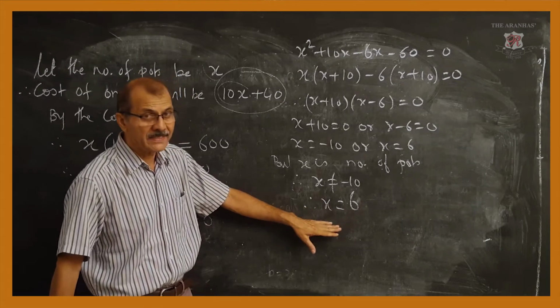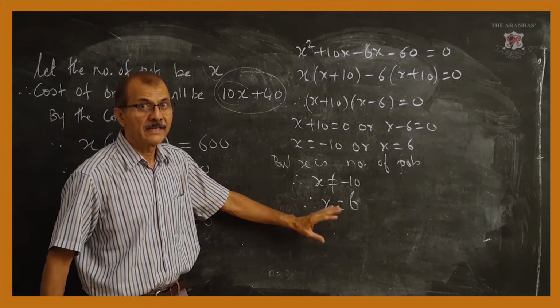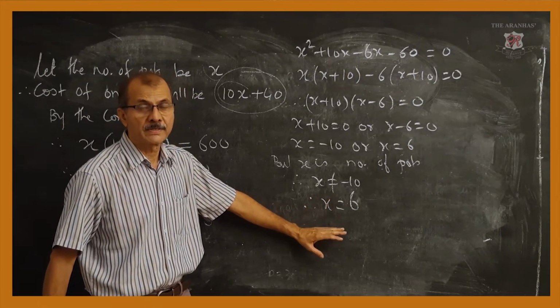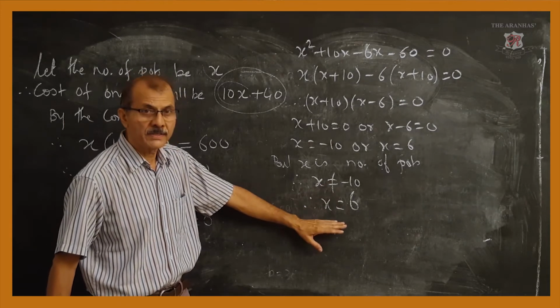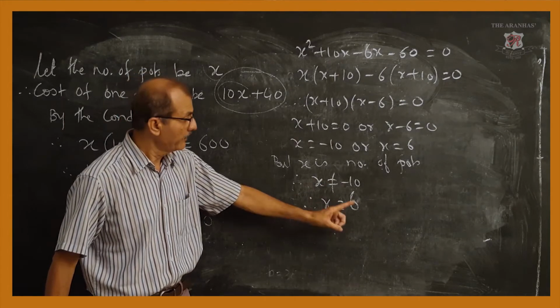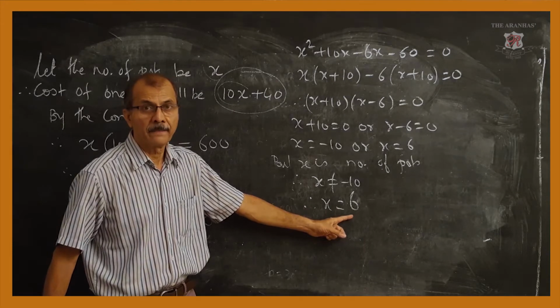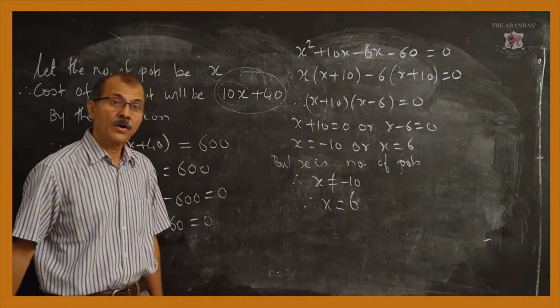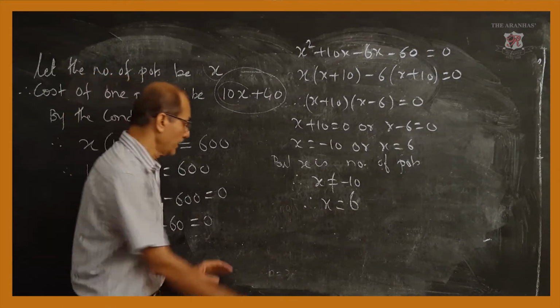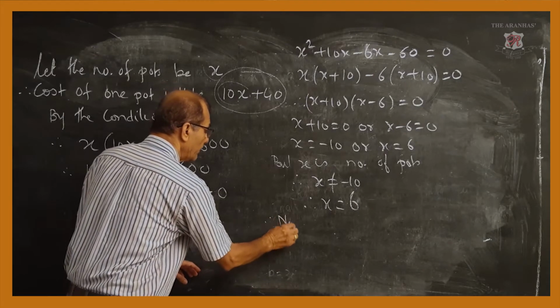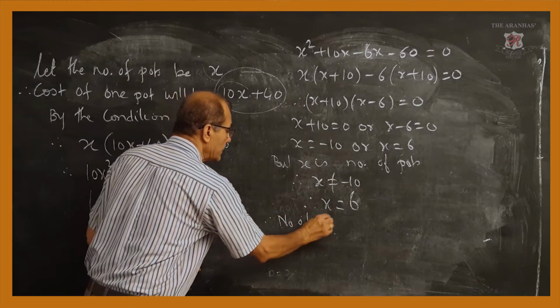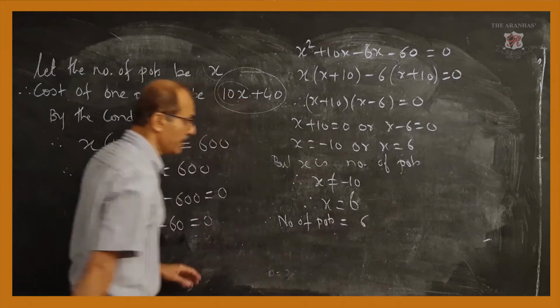So what is my x? My x is the number of pots. So how many pots he prepared in a day? 6 pots he prepared. Now we have to find the cost of the pot. Therefore we can say number of pots is equal to 6.